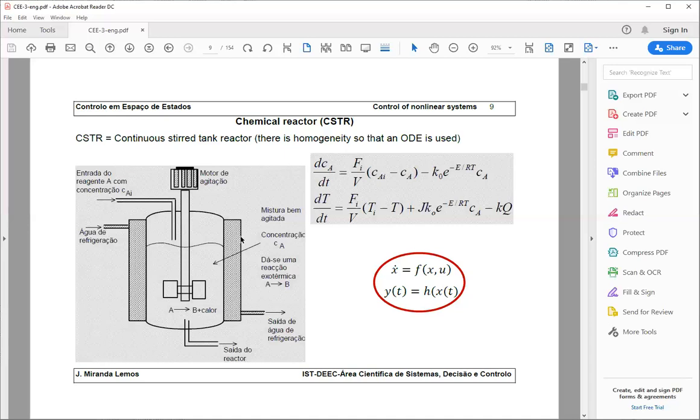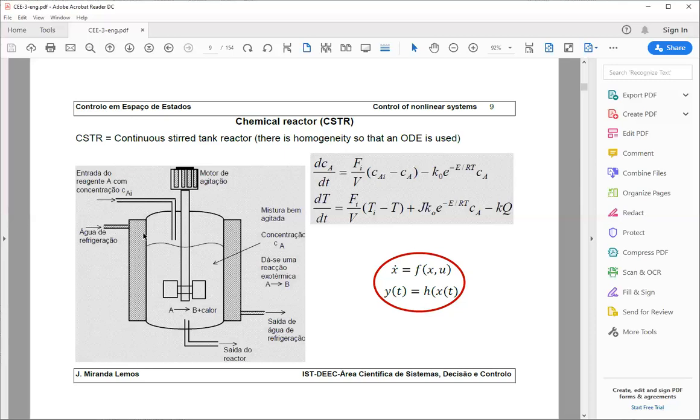So you have a jacket, which is a kind of hollow cylinder around the reactor, in which you inject refrigeration water. The water removes the heat, so there is an output of refrigeration water. And we assume that we control the temperature here, or leave it.